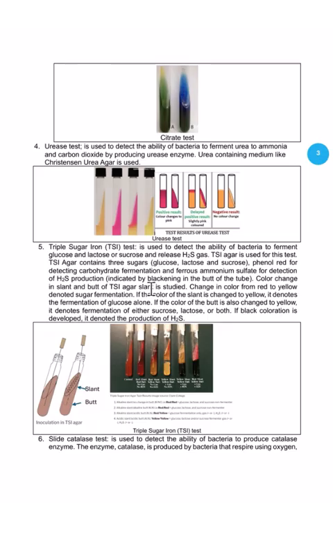Besides, this medium also contains ferrous ammonium sulfate, and this medium is used to test if the bacteria has the ability to hydrolyze or ferment glucose, lactose, and sucrose, besides producing hydrogen sulfide from ferrous ammonium sulfate.